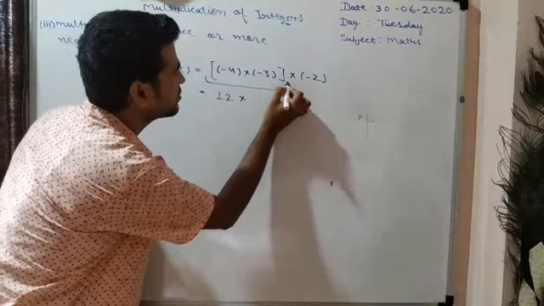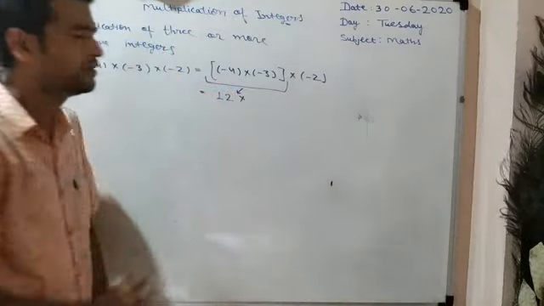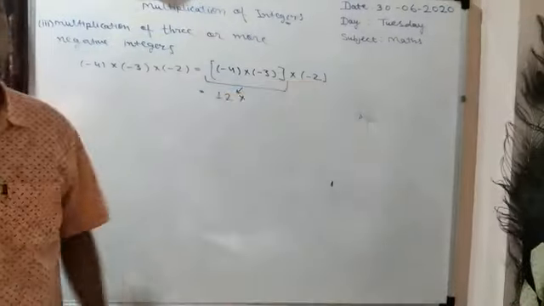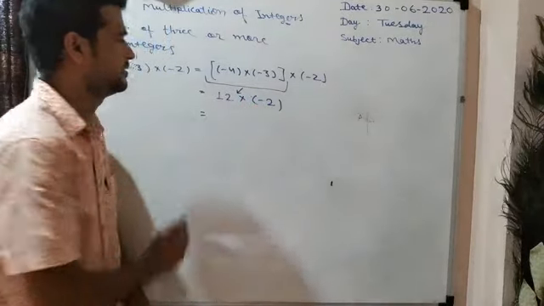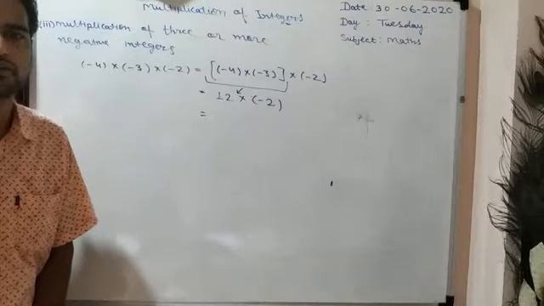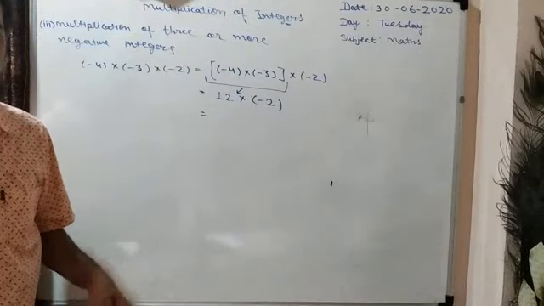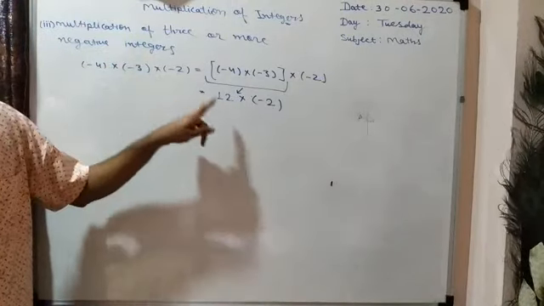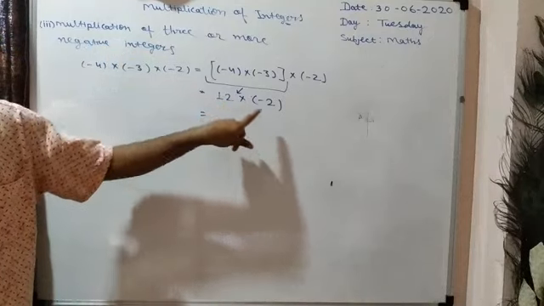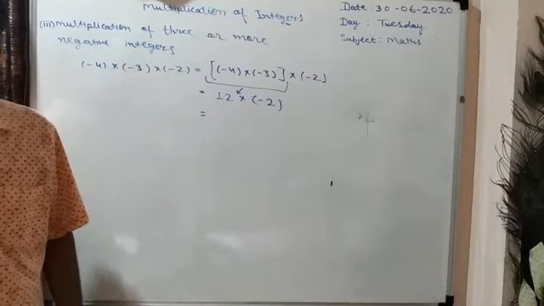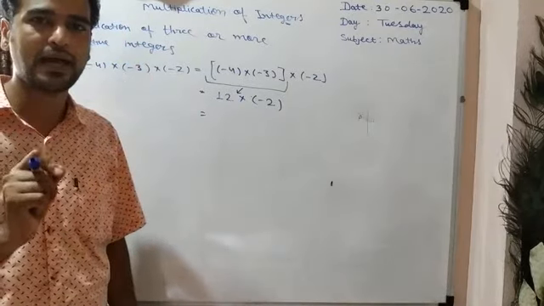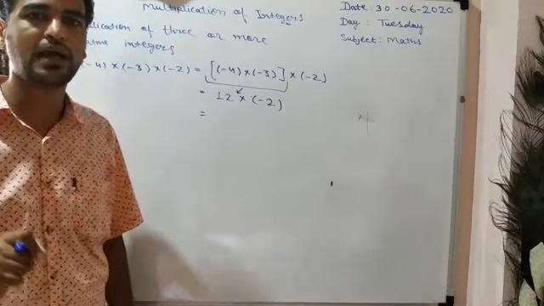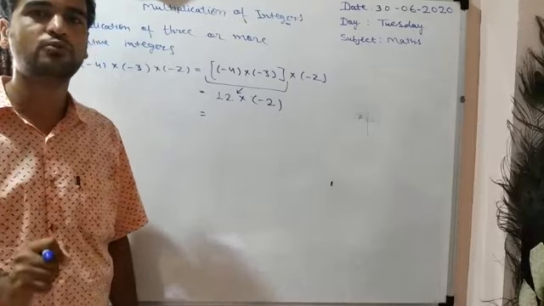What is the answer of this bracket? 12. And the next integer we will write as it is. So 12 into -2. Now this is our first topic, as we already studied, one positive and one negative. What have we studied? Multiply the integers as we multiply whole numbers and put a negative sign.